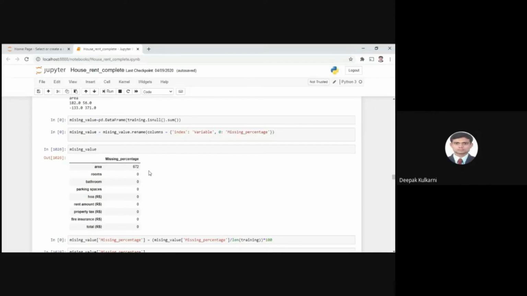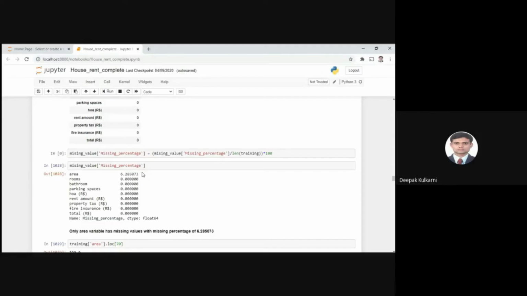How many missing values are present, that needs to be taken care of. So area is the variable in which there are 672 missing values, or 672 outliers. If you convert that to a percentage, it comes out to around 6.28. So what is the maximum percentage of missing values or outliers that is accepted?